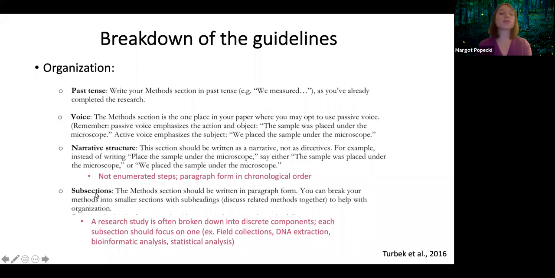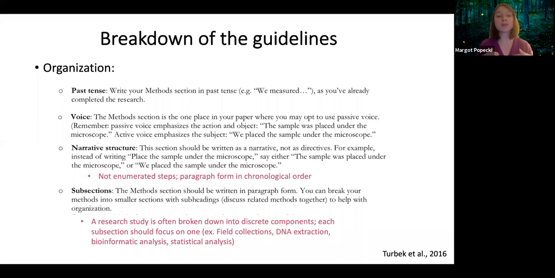You'll also want to use subsections in the methods section. When I first started writing these papers, I often felt pretty confused because how was I supposed to write with flow to connect these seemingly disparate methods or experiments? One thing that really helped me was using subheaders. Think about it in terms of a project being a collection of different experiments or analyses.